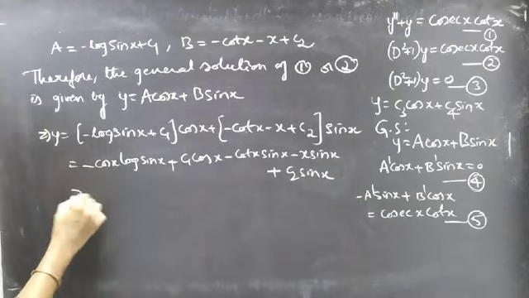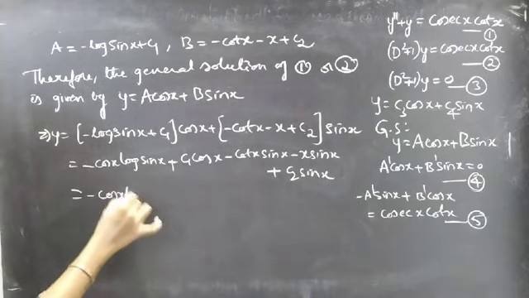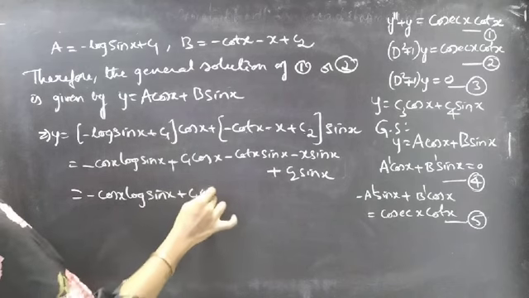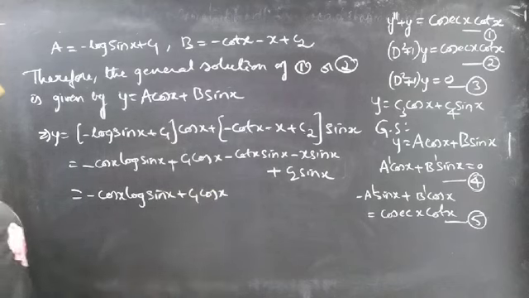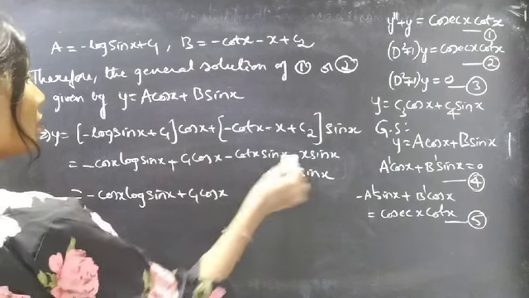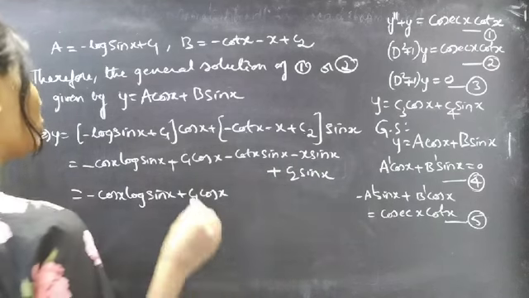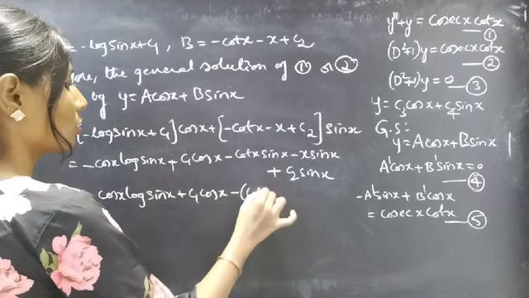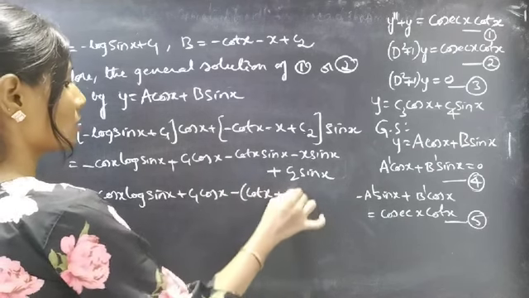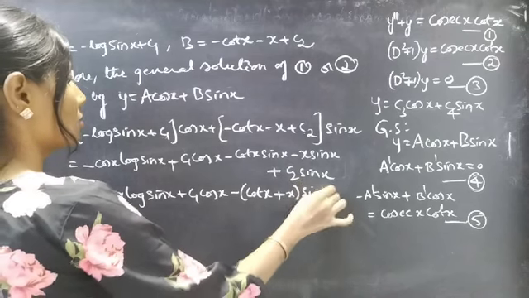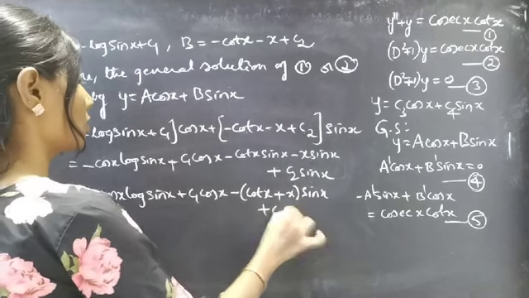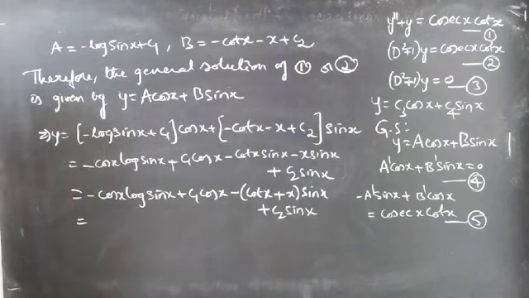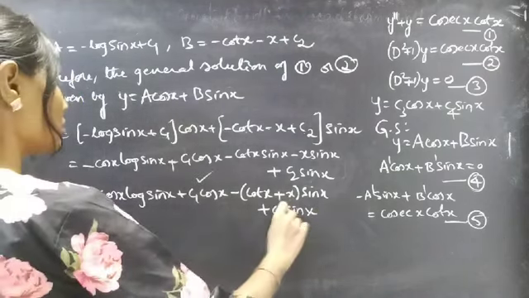This equals minus cos x log sin x plus c1 cos x. Now we can take minus sin x common from these two terms. We'll get minus of cot x plus x into sin x plus c2 sin x. Now write the terms involving c1 and c2 first.